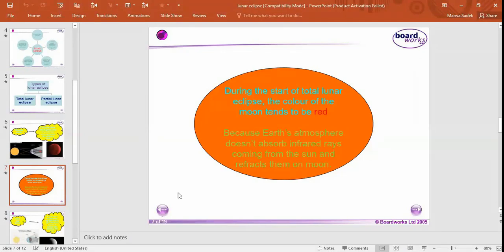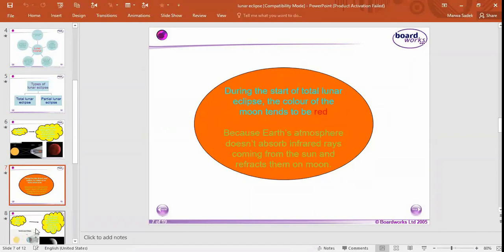The atmosphere of the Earth doesn't absorb infrared rays coming from the sun, and refracts these rays on the moon. So this is why the moon appears in a red color during the total lunar eclipse.